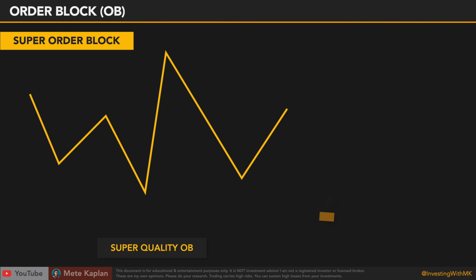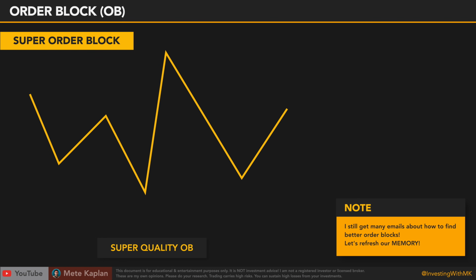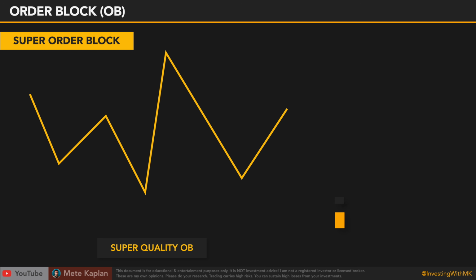I get mails constantly about order blocks. People still ask which order blocks to use. First of all, order blocks are everywhere. I can find 100 order blocks in a single chart. I developed some characteristics for higher quality order blocks, which I call super order blocks.